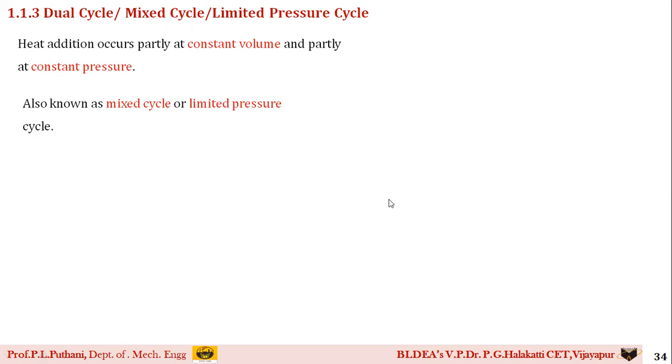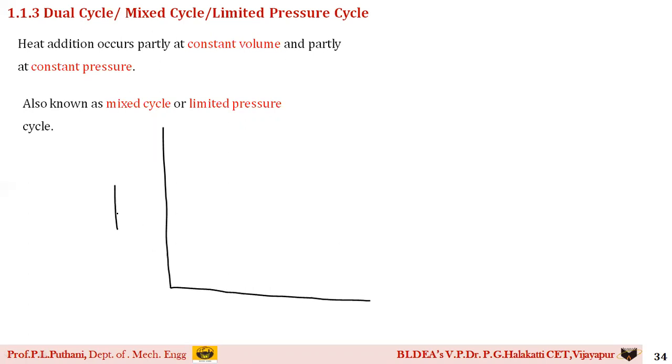So how is the PV graph of this particular dual cycle? Please observe here, everybody. I will show you the pressure volume diagram. This is the pressure and this is the volume diagram. Initially, air gets compressed through a reversible adiabatic process, which is represented by the curve like this.